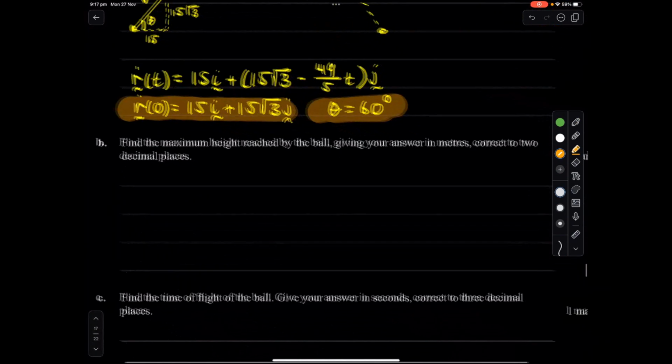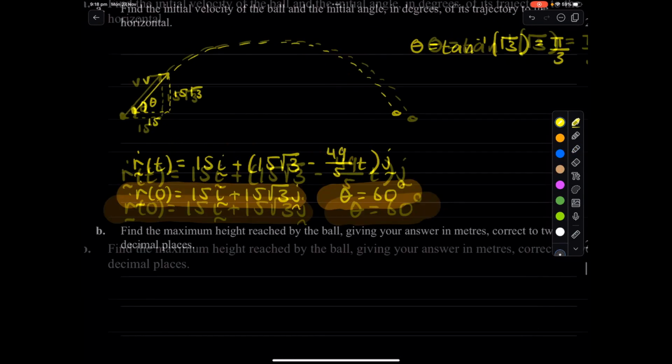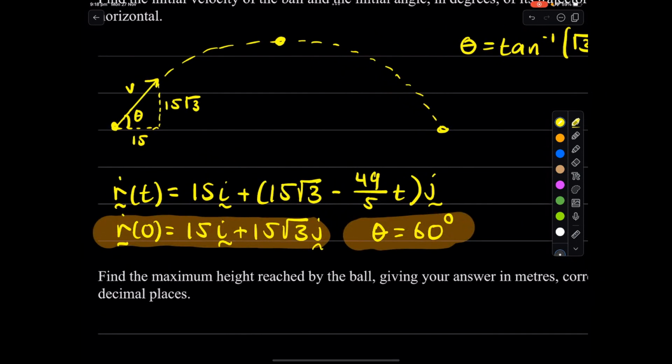Not too bad. Find the maximum height reached by the ball, giving your answer correct to this. So, okay, think about it like this. You should know a property that when we reach the maximum height, the actual vertical velocity becomes 0.